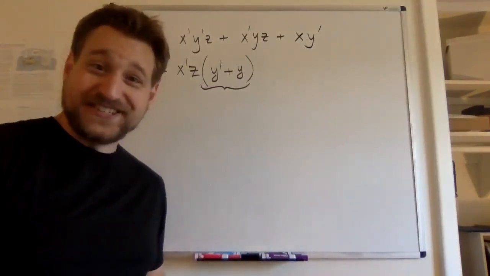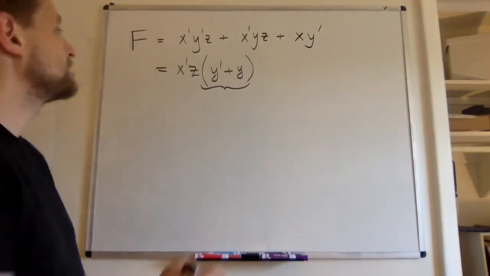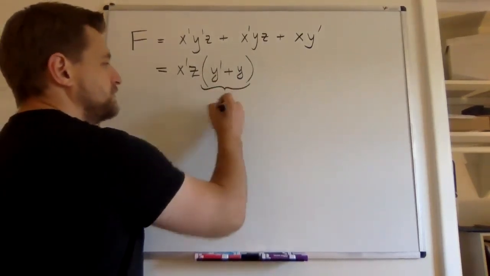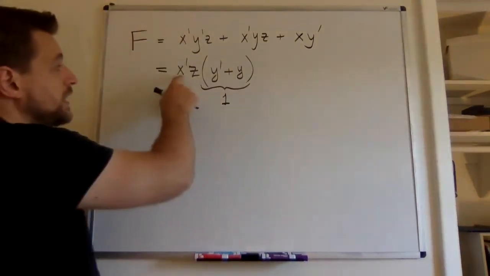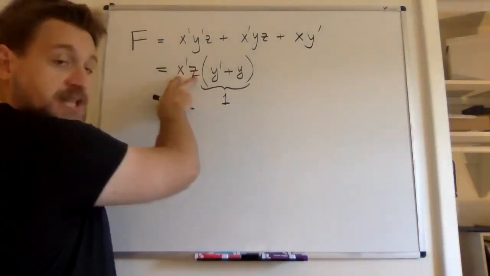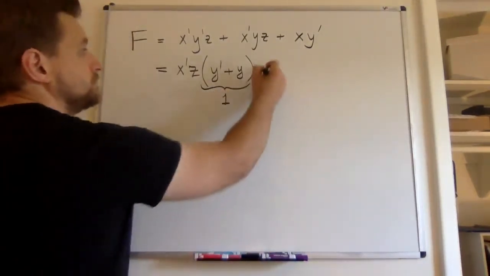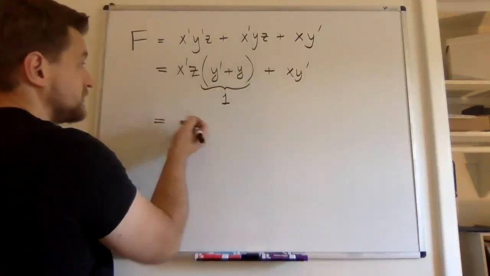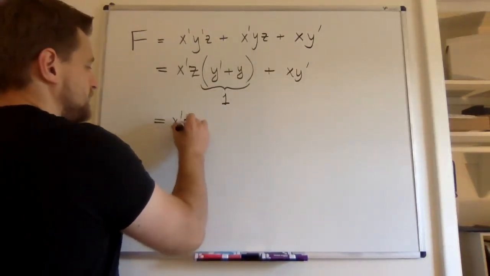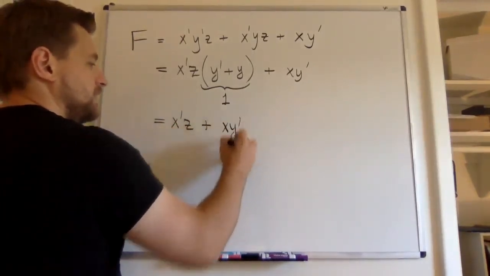That's a true thing I just said. This evaluates to logic 1 all the time. And 1 and some stuff evaluates to just some stuff all the time. This term is still here. So this starts to look now like x prime z or x and not y.